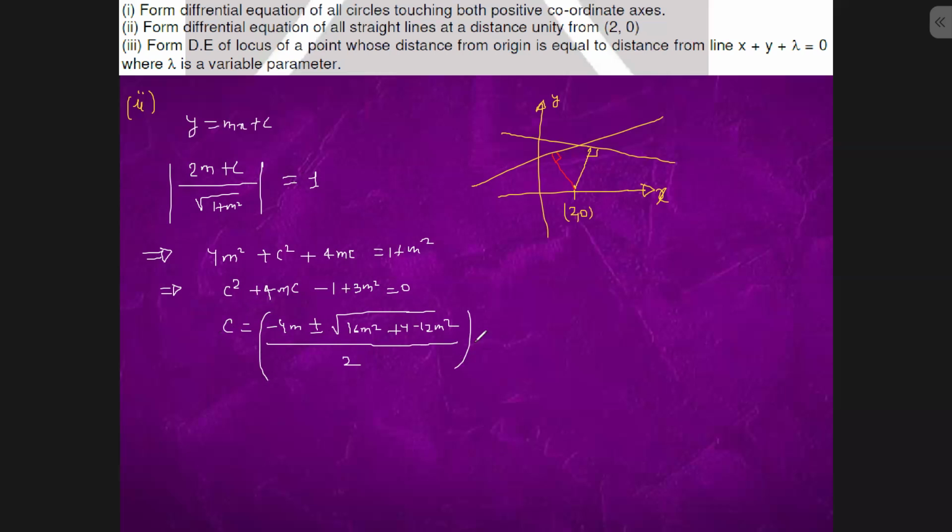So we will substitute c in the form of m. So we have the equation as y equals mx plus something, c in the form of m. If we differentiate, we will have y dash equals m. So c in this form is simply minus 2m plus or minus root under m square plus 1.